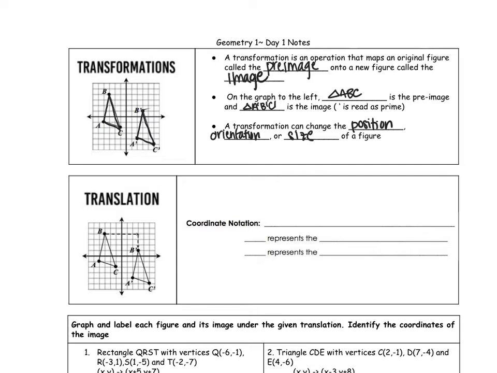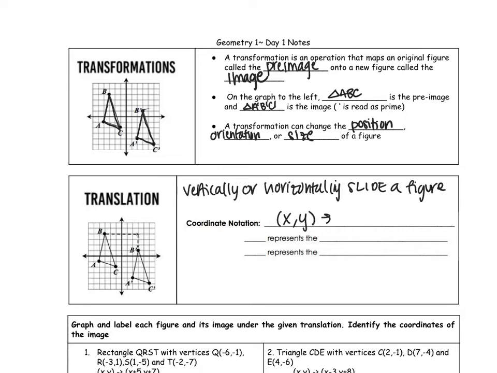Okay, and translations are when we vertically or horizontally slide a figure. Okay, so we have something called coordinate notation where we do x, y, and that changes to x plus h, y plus k.